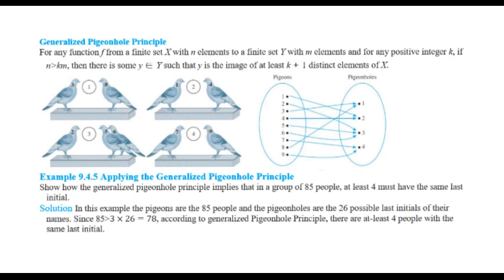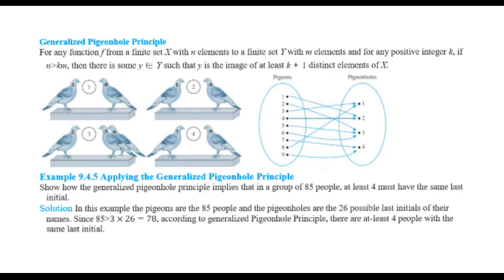Okay, so let's see the generalized pigeonhole principle. Consider we have 9 different pigeons and 4 pigeonholes, and again, each pigeon can only reside in one pigeonhole, correct?